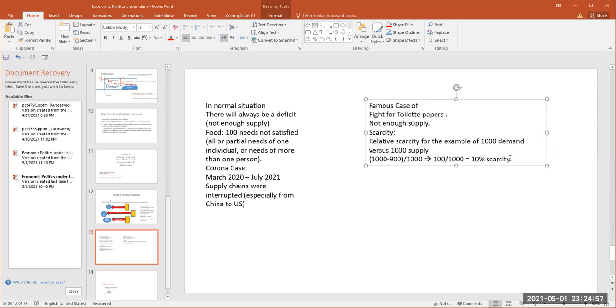So in general, the deficit doesn't have to be 10%, it could be 1%, but the idea of Smith and Ricardo is there will always be a deficit like this. Now, excuse me, Sheikh, I think there should be 900 supply. Yeah, in the example, 1,000 minus 900. Oh, it's the other way around. Yeah, demand is 1,000. So I'm saying the demand is 1,000, the supply is 900. So it's in the negative.